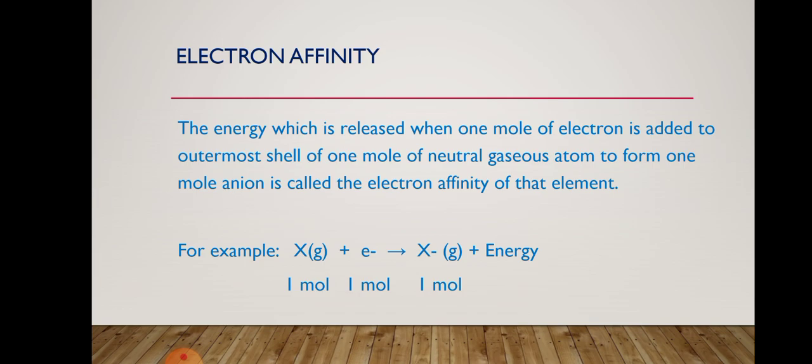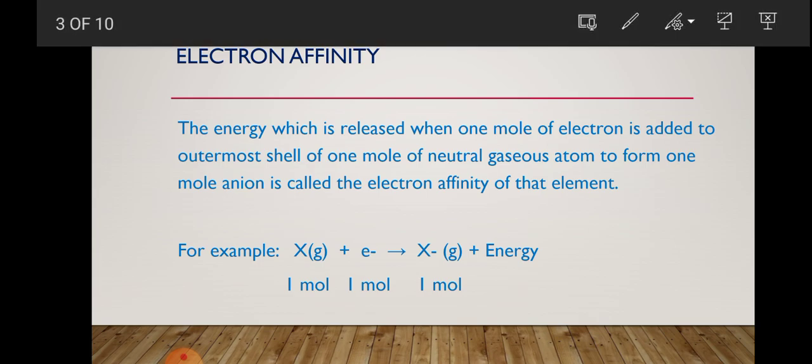The energy which is released when 1 mole electron is added to the outermost shell of 1 mole of neutral gaseous atom to form 1 mole anion is called the electron affinity of that element. Here some words are important.